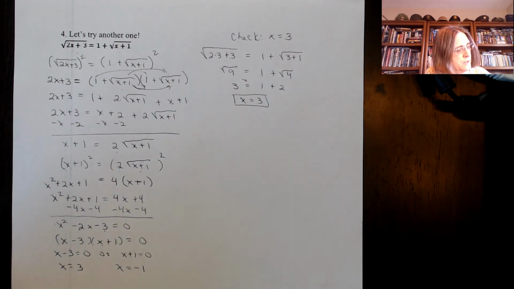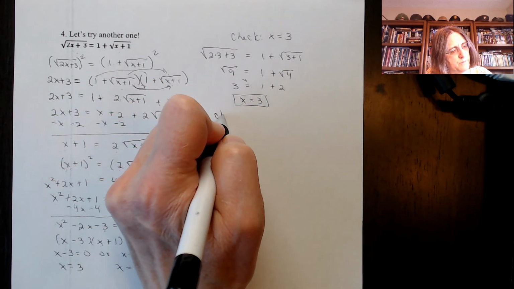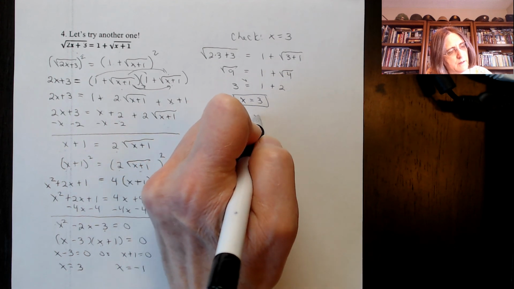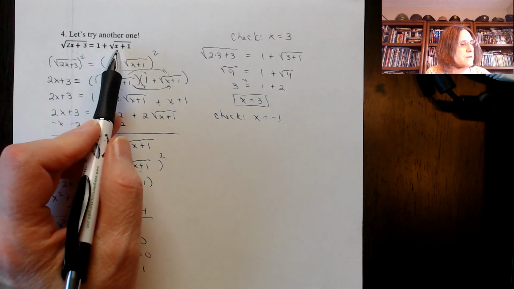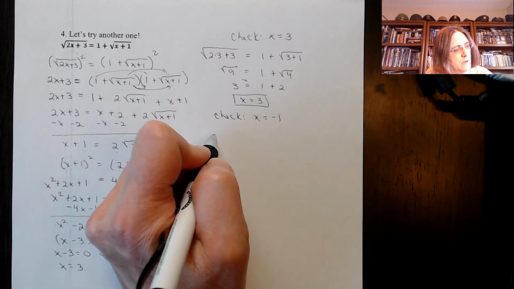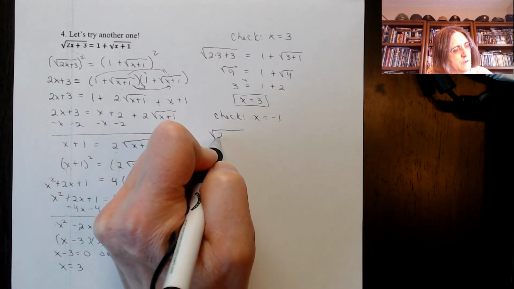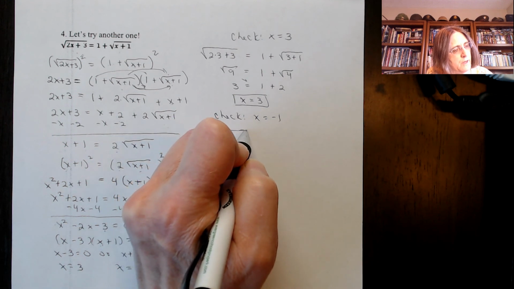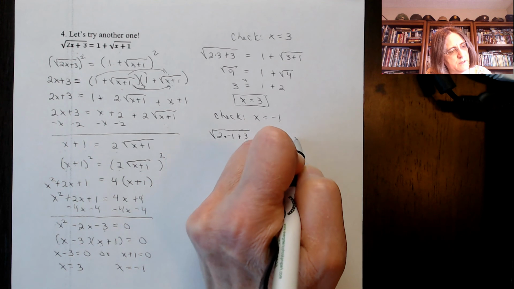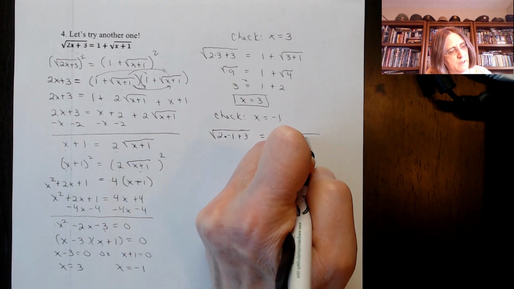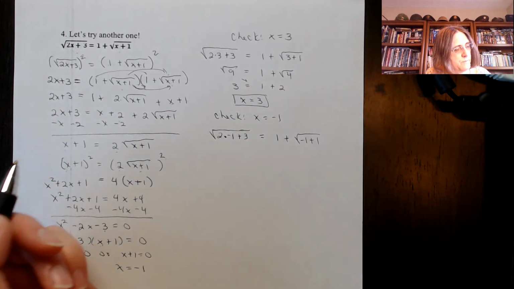Now let's check x equals negative 1. Substituting negative 1 in for x, again in the original equation, we have the square root of 2 times negative 1 plus 3 equal to 1 plus the square root of negative 1 plus 1.